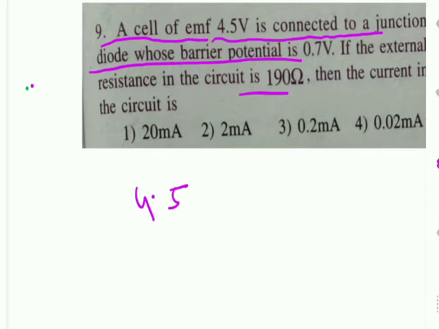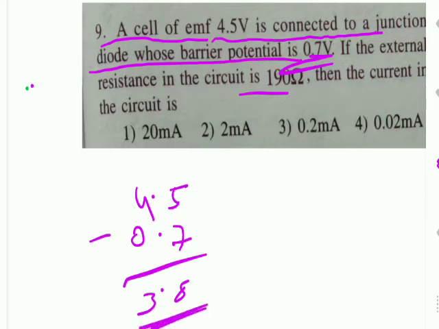The diode barrier potential is given as 0.7 volts. So the total potential difference between the two terminals of the diode is 3.8.